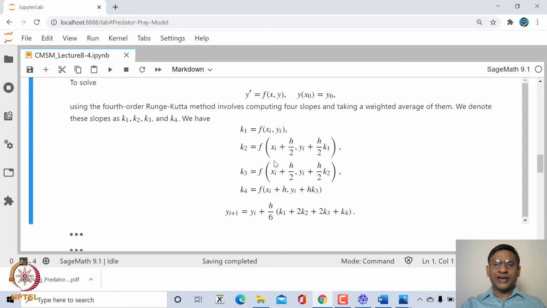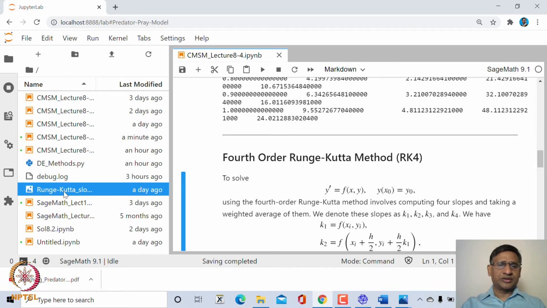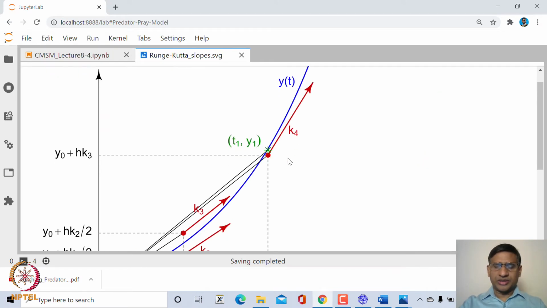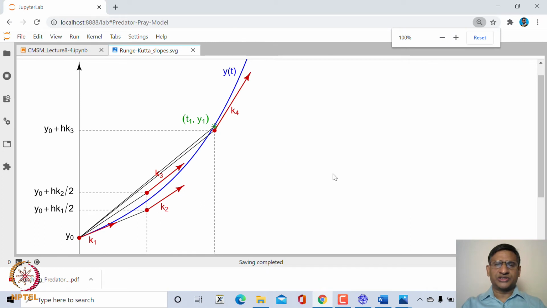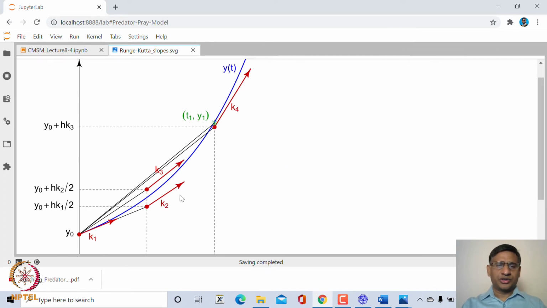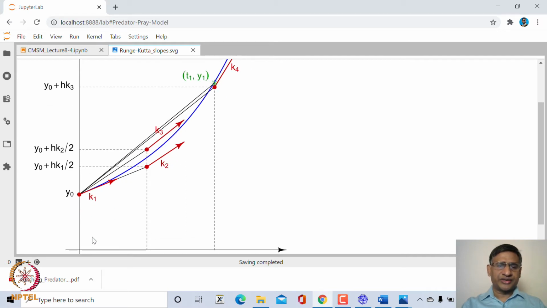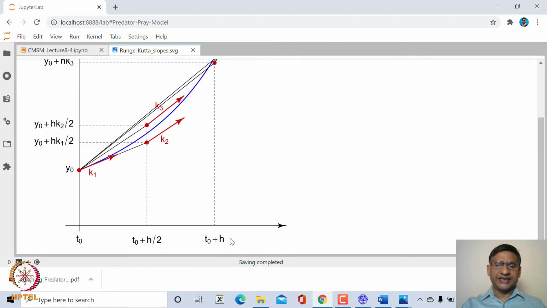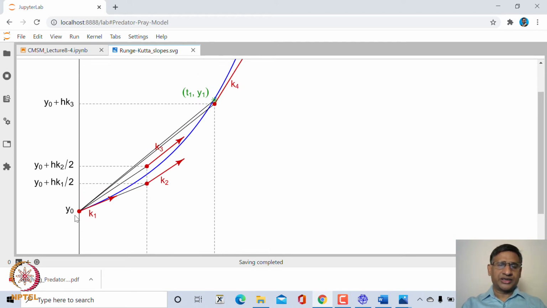Now let me show you the geometric meaning of this. Here this blue curve is y equal to y(t), and this is the initial point t naught, then t naught plus h by 2, and t naught plus h. At t naught you have y naught here, and k1 is the slope at (t naught, y naught).